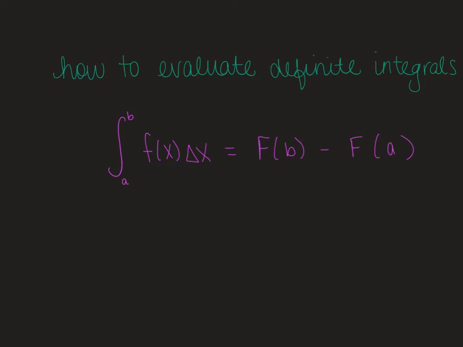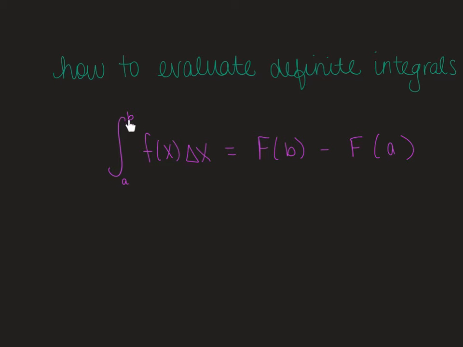So let's talk about how we can actually evaluate these definite integrals. We know how to find the indefinite integrals. It's kind of like finding the antiderivative, and we always reference that as this big capital F. This means the antiderivative. After you find your antiderivative, you're going to be plugging in your two values.